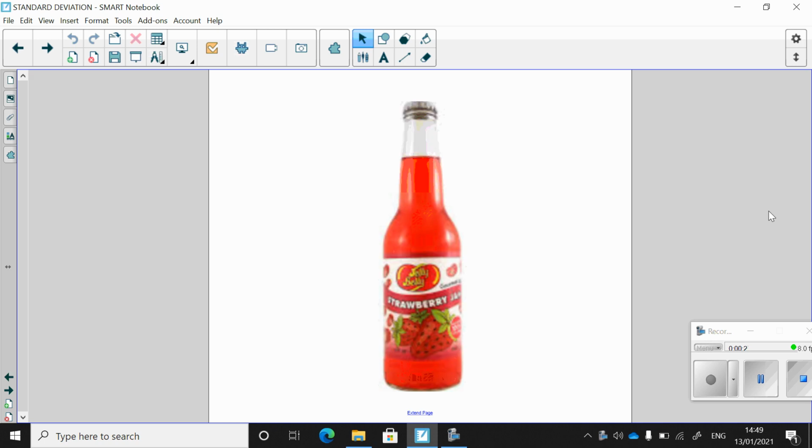This is just a little scenario, and you know what the topic is because you saw that when you clicked on the video link. So here we go. We've got some kind of fluid in a bottle here, strawberry something, jelly belly, whatever that is. It doesn't matter what the fluid is. The thing is, it's in a bottle, so this is important for our story.